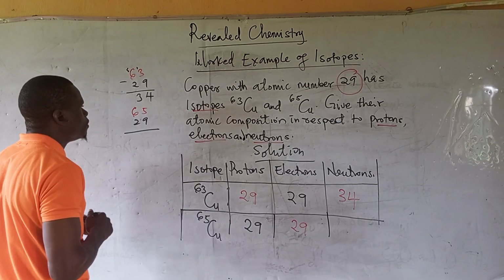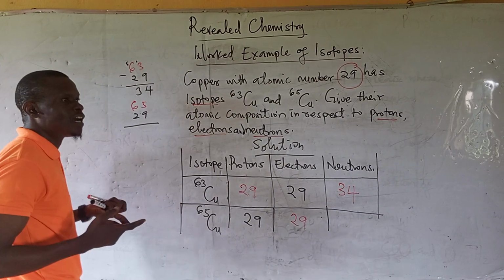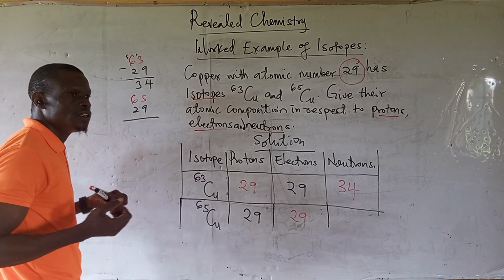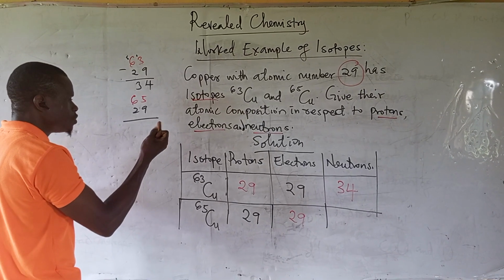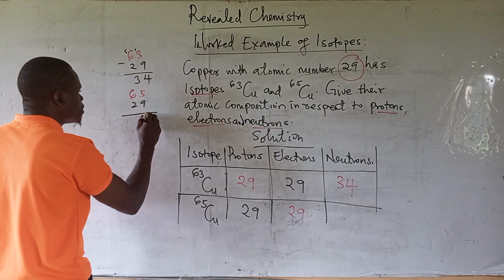It shouldn't be 7, so let's look at it. 15 minus 9. If you don't know the answer, tell me in the comment section. It will be 6. Counting 10, 11, 12, 13, 14, 15. So this is 6.